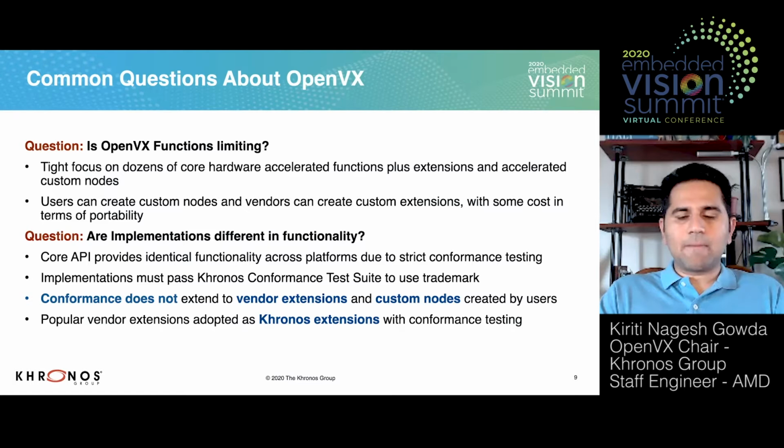That makes it such that every OpenVX you get behaves the same. That does not hold true for vendor extensions and custom nodes, like I said before. Sometimes popular vendor extensions get adopted into Khronos extensions, and then we create a conformance test for that. That's the progression of how we introduce new functions.